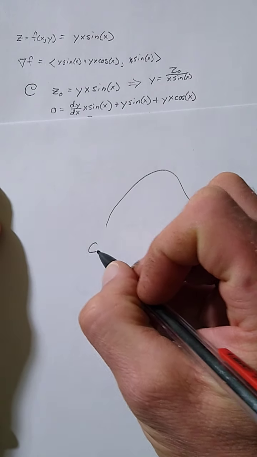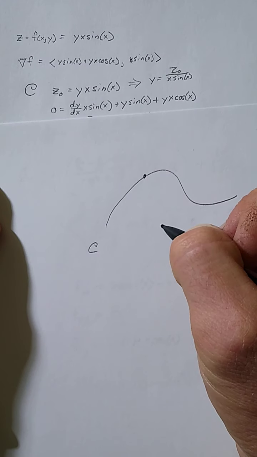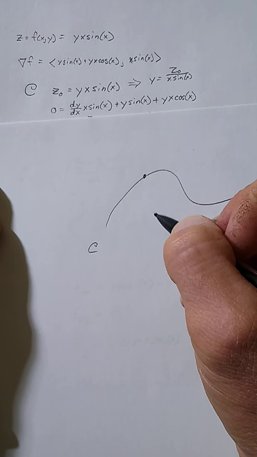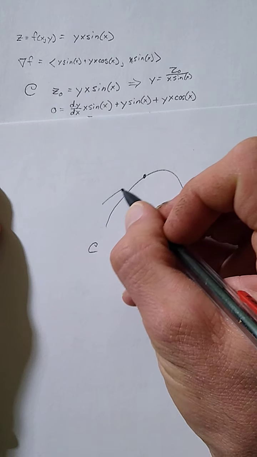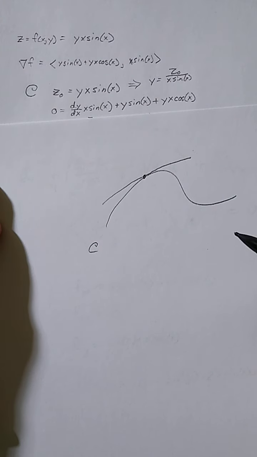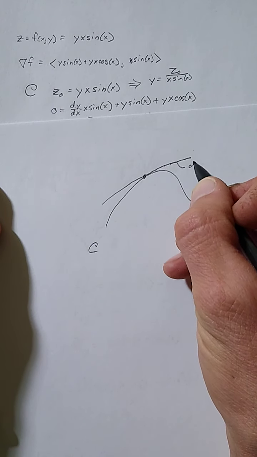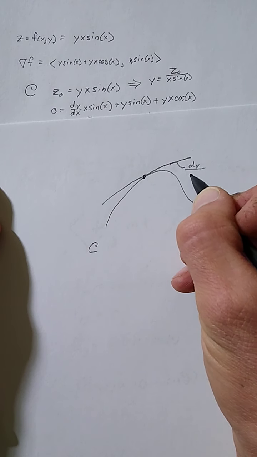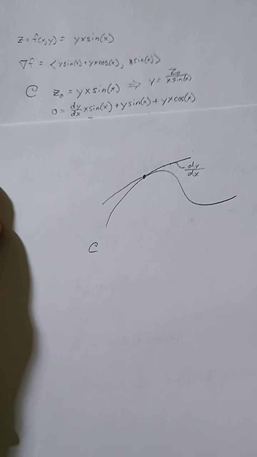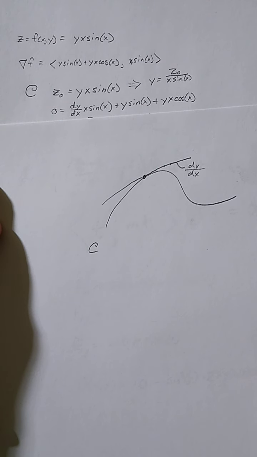That's our curve C. And we're given a point, say (a, b), and we want to find the tangent line to that level curve at that point. So we need the slope of this. The slope of that is going to be dy by dx for that function, because now we've flattened it down to the xy plane. So y is seen as a function of x.